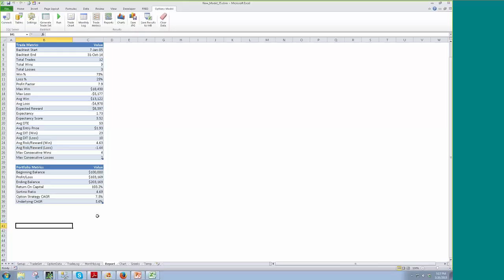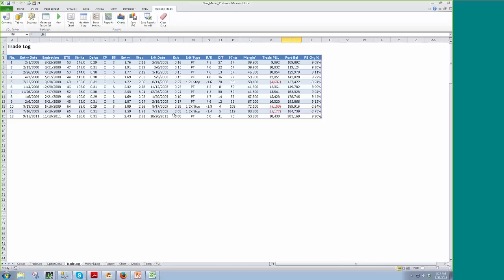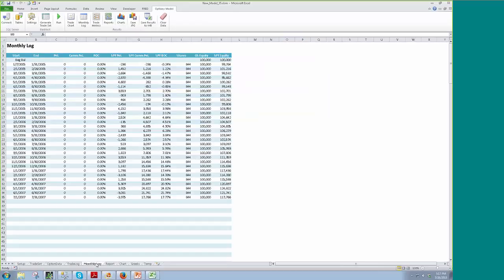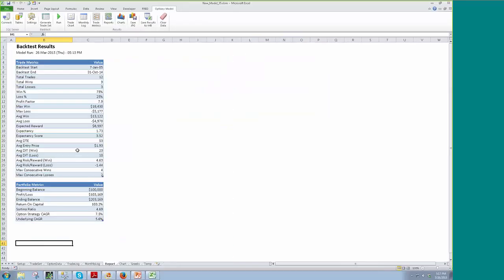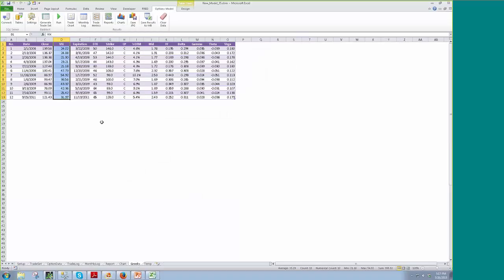And so people will be able to get the trade logs, the monthly log, the backtest results, the metrics report here, the chart, and the Greeks. People can play around with that, and there are some interesting things you can do, some relationships that you can chart and see.